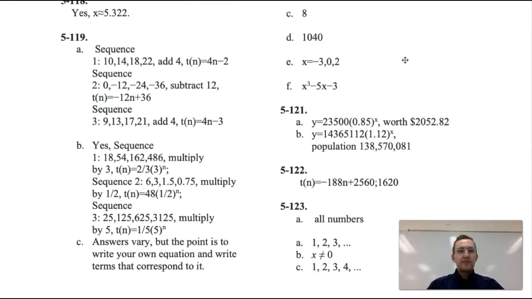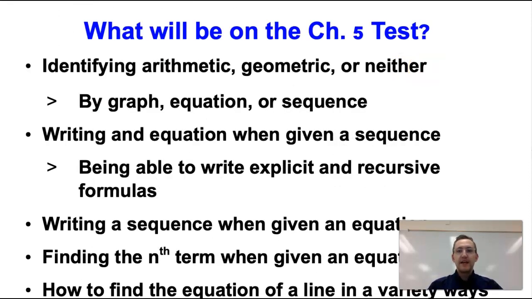What we can expect on that Chapter 5 test for this upcoming Thursday are the following things. First and foremost, all the stuff we've talked about with sequences is fair game. So how to identify arithmetic or geometric sequences, or if it's not a sequence whatsoever. You should be able to identify those by a graph, equation, a sequence, or even a table, just like we saw in the quiz from last week.